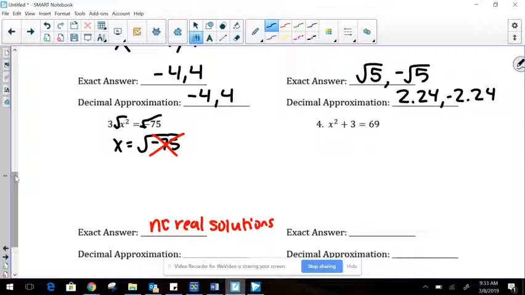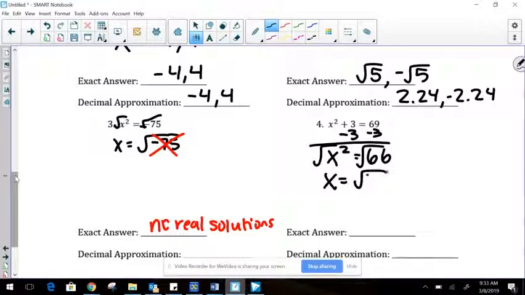Okay. Now number 4, this is getting into more of a solving. So the first thing I want to do is subtract 3. I have x squared equals 69 minus 3 is 66. Okay. My next step, I'm going to take the square root of both sides. So x is equal to positive square root of 66 and negative square root of 66. I want to see, can I break that down?